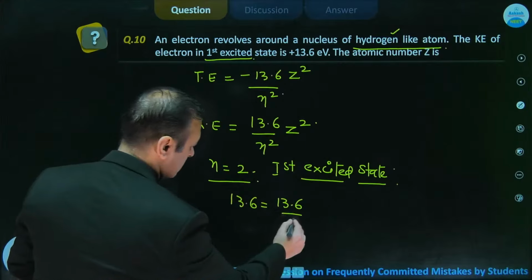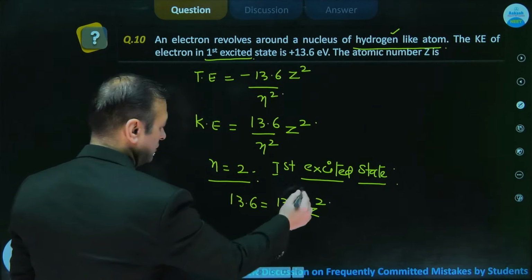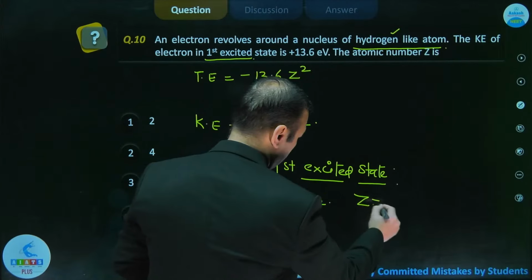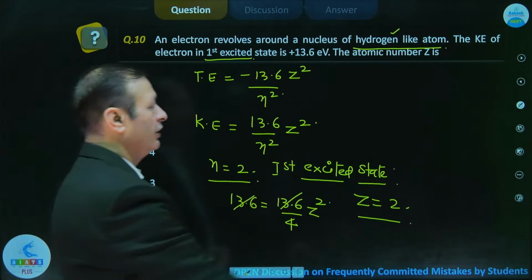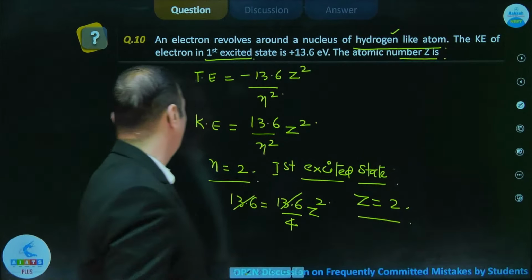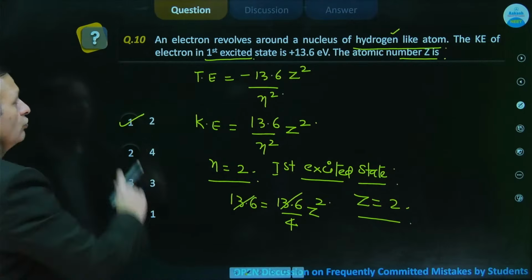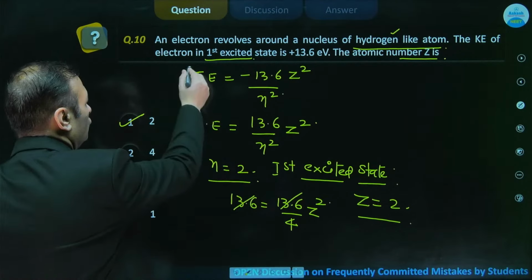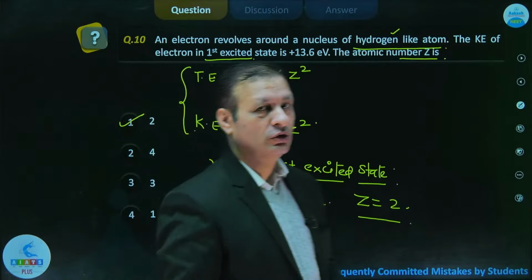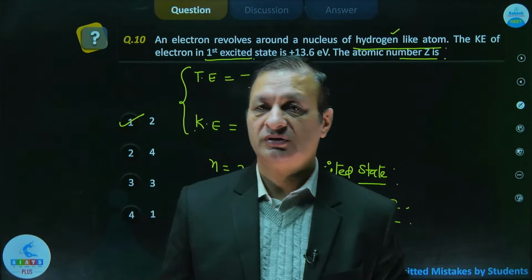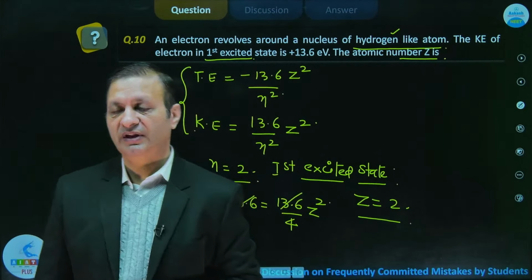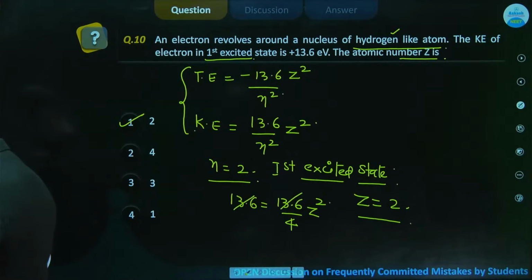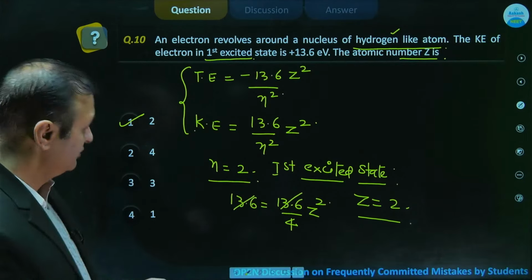N square, 2 square becomes 4, so this cancels, and Z square is equal to 4, so Z becomes 2. We were supposed to find the atomic number Z, which is clearly 2. So the first option. You have to memorize these two formulas to solve these kinds of simple numericals. Any doubt from this part? Shall we move then?